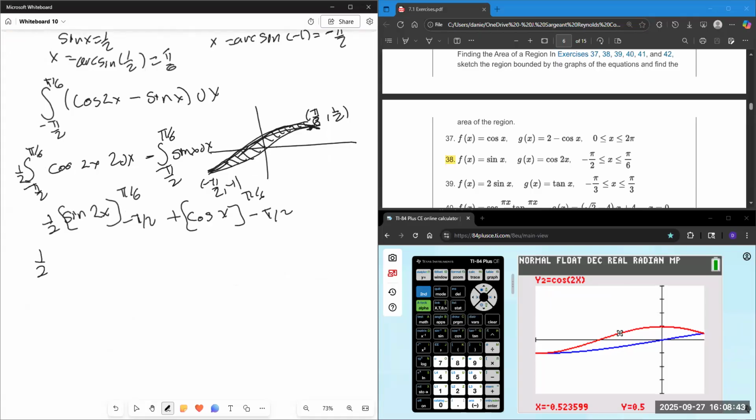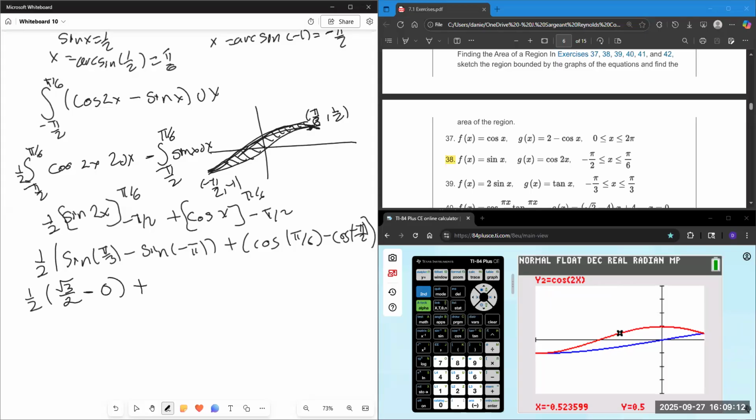1/2 of sine of pi over 3 minus sine of negative pi, plus cosine of pi over 6 minus cosine of negative pi over 2, is 1/2 of root 3 over 2 minus 0 plus root 3 over 2 minus 0.